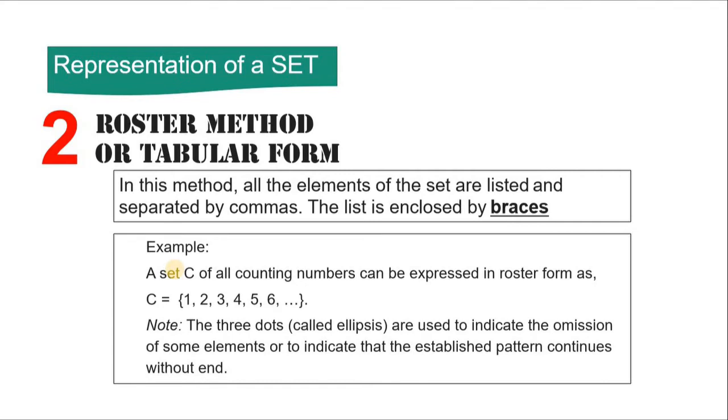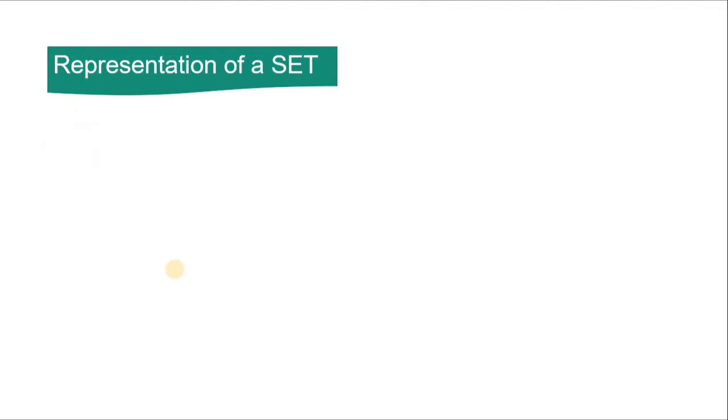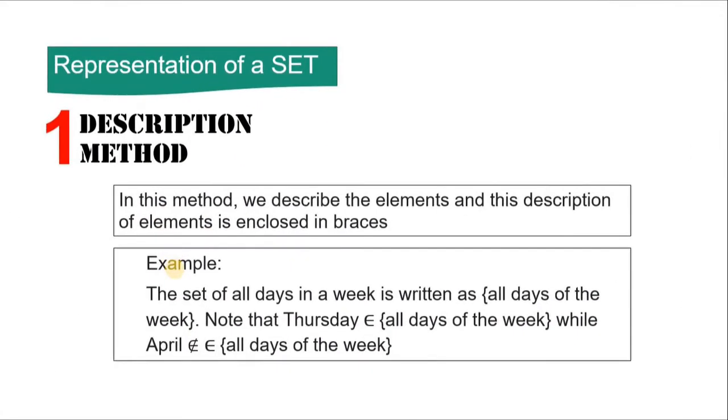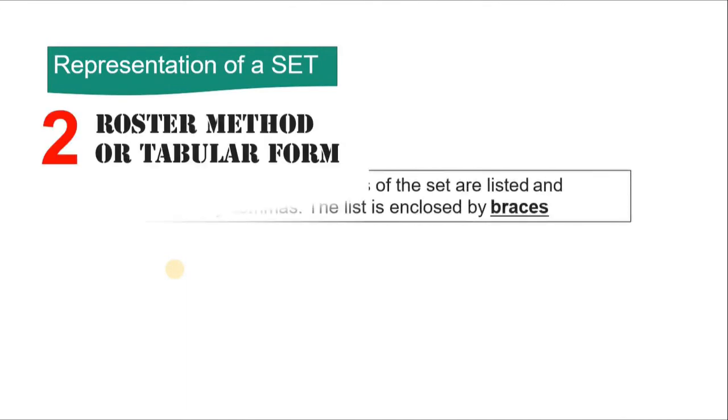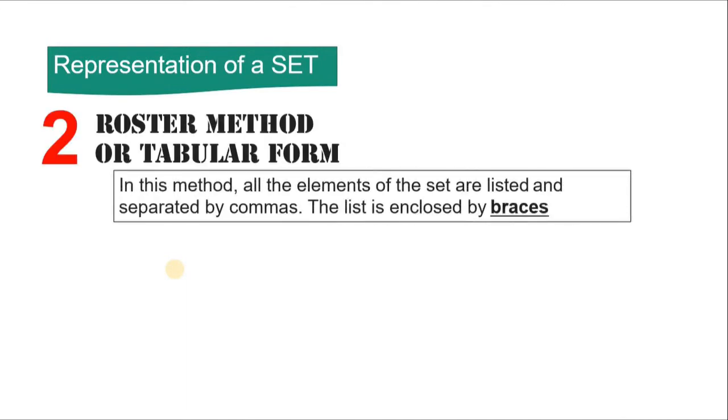Note that the three dots called ellipses are used to indicate the omission of some elements or to indicate that the established pattern continues without end. So alam nyo na yan, kung may tatlong kasunod na dot, ibig sabihin it goes up to so many numbers. Okay? So again, kapag yung isang method, balikan natin, description, isusulat natin ano yung description inside the braces. Kapag tabular, ililista natin yung mga element inside the braces.